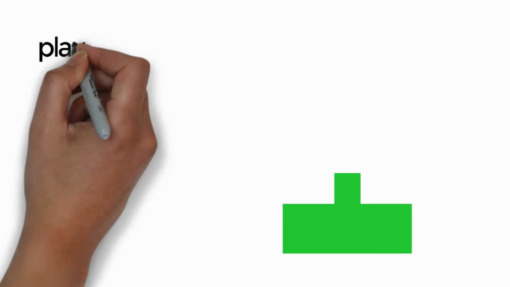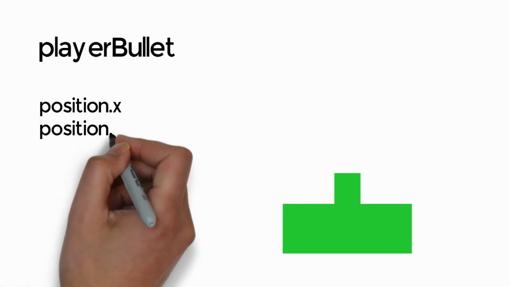So when we're firing a bullet, we know that it's going to start at our player ship position. So we have our player bullet object, and we then define the position of that bullet using our subobject position. So we have player bullet.position.x and player bullet.position.y. But we now need to let the system have some idea of when this bullet is actually in motion and when it's ready for a new bullet to be fired.